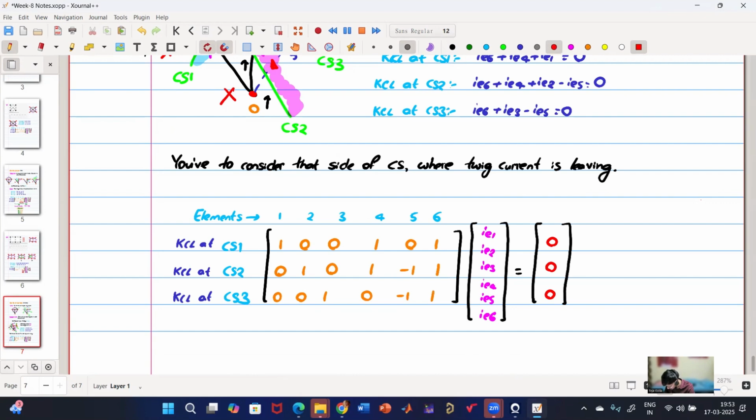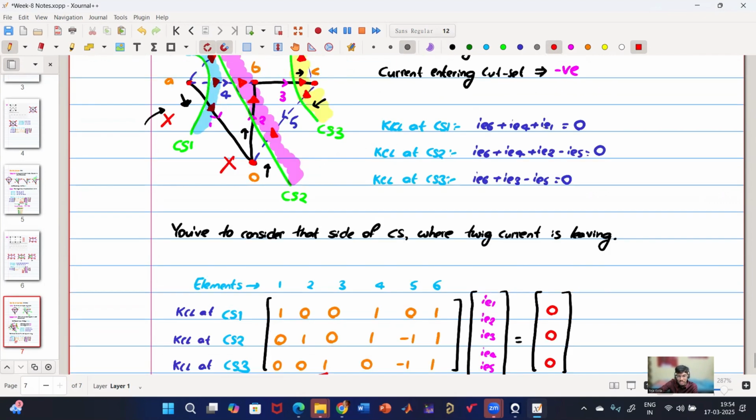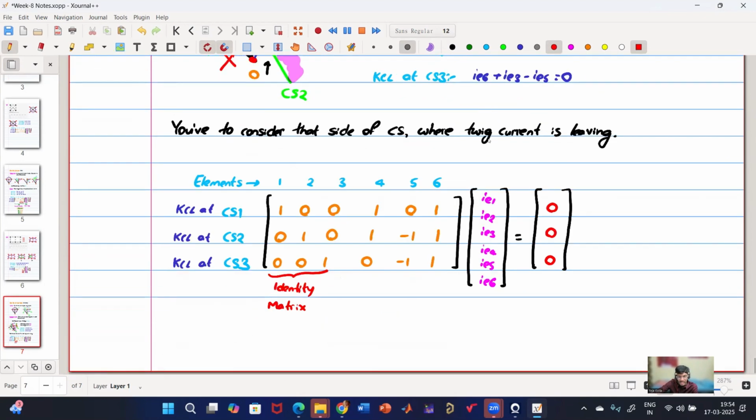So again, if you see, I have to get the identity matrix here. So that's why I have to choose that region so that I'll get the identity matrix here. If you consider the other region, what will you get? You will get -1, -1, -1. So there is that minus sign which is coming. So I have to consider in such a way that IE1, IE2, IE3, these currents are positive. So again, if you try to name, this is called the Q matrix.